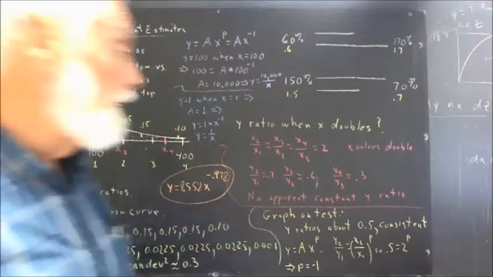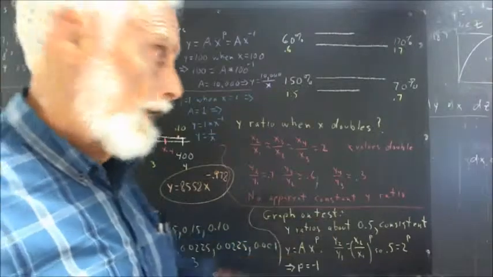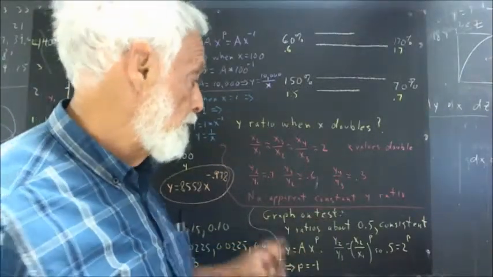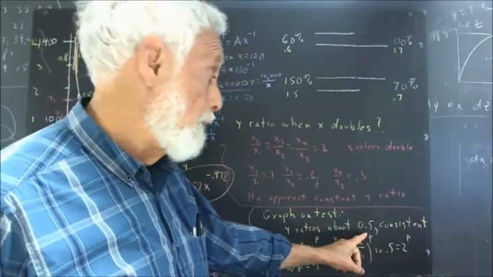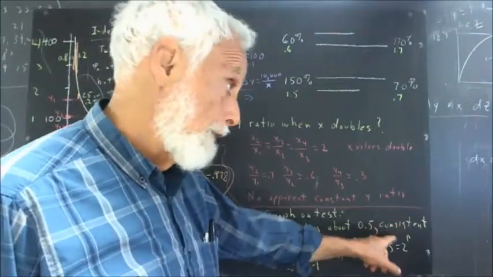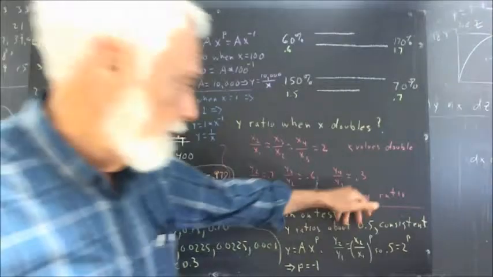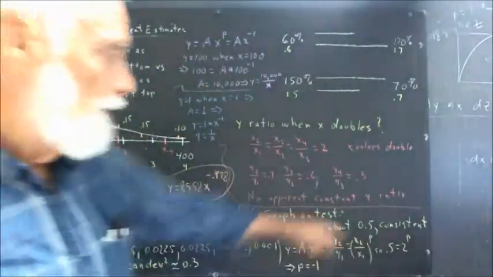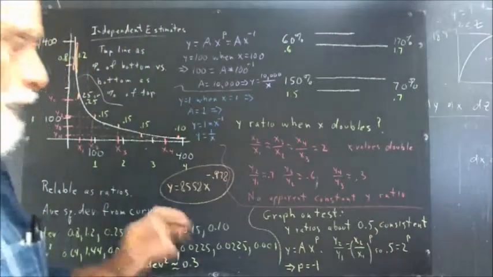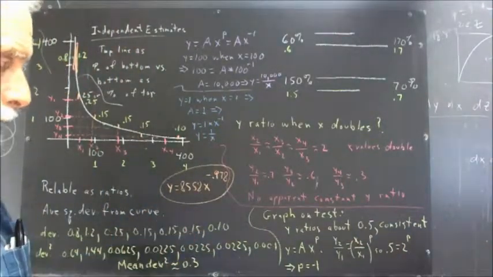However, on the graph on your test, if you did that, your y ratios for doublings of x would be pretty close to 0.5, and they would be pretty consistent. Now, you might have gotten 0.4 or 0.6, but 0.5 is probably the best ratio that you would get off of the graph on the test.